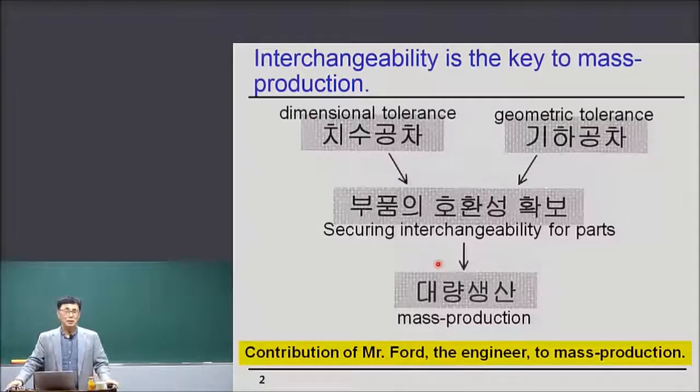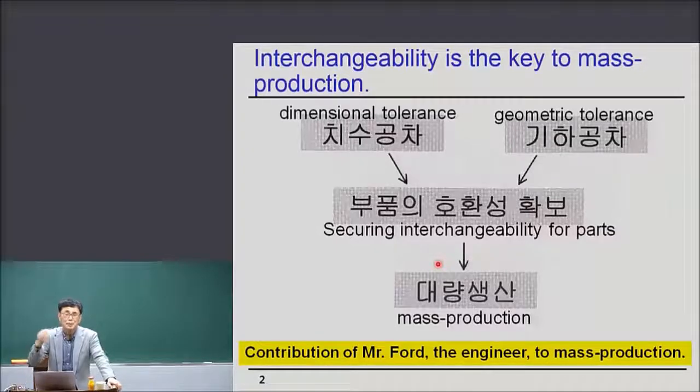And usually the dimensional tolerance for the shaft is smaller than the nominal dimension, right? And the hole, into which the shaft is inserted, is usually larger than the nominal dimension, right?